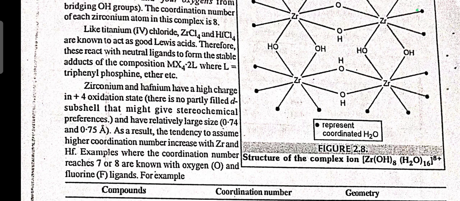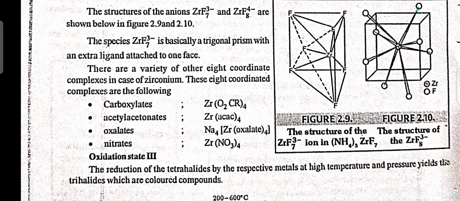Examples where the coordination number reaches 7 or 8 are known with oxygen and fluorine ligands. The structures of the anions ZrF7 3- and ZrF8 4- are shown below in figures 2.9 and 2.10. The species ZrF7 3- is basically a trigonal prism with an extra ligand attached to one face.